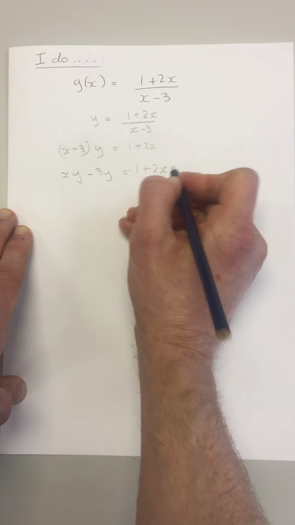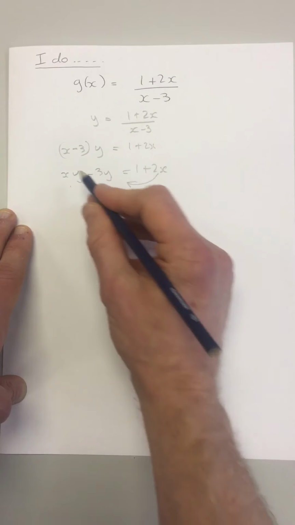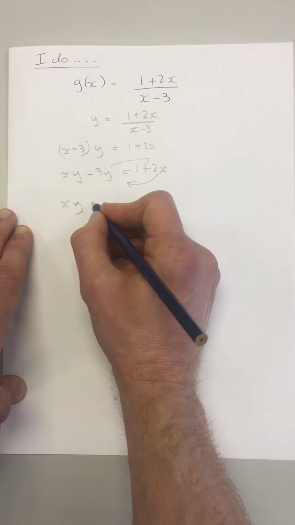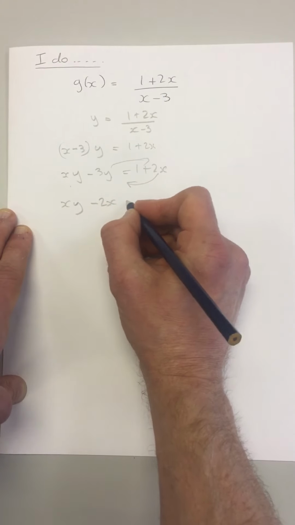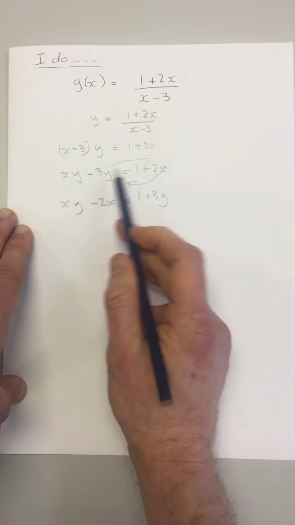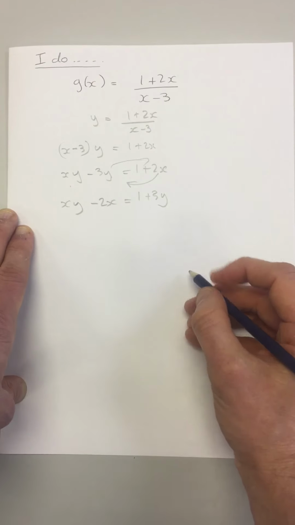And now everything that has an x on the left-hand side, so move the 2x over here, move the 3y over there. So I'll get xy minus 2x is equal to 1 plus 3y. So I've just added 3y to both sides, and I've subtracted 2x from both sides.